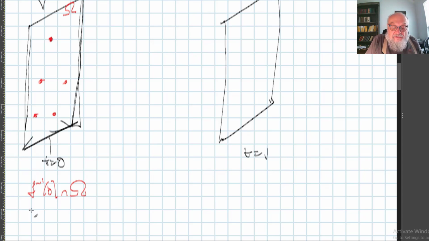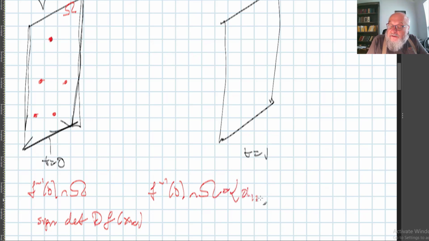The determinant of df at the point xk can have a signum of this determinant, where xk belongs to f minus 1 of 0 intersected with omega, a set x1, x2, up to xm, and that is equal to plus or minus 1.